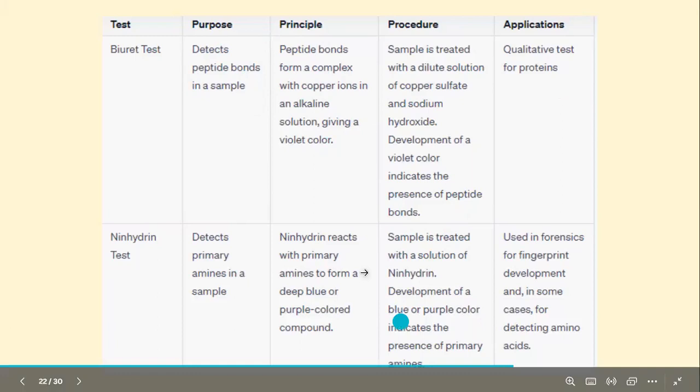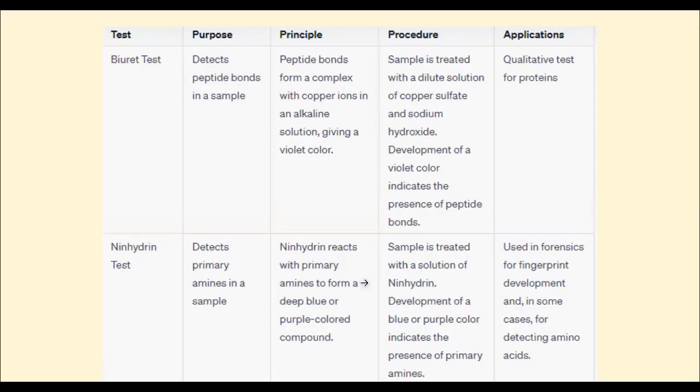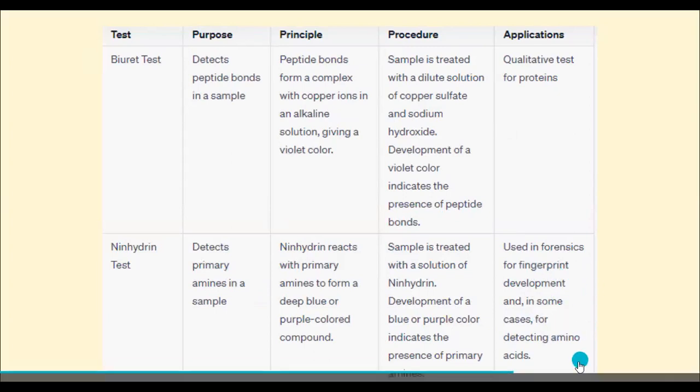Next one is the ninhydrin test. The ninhydrin test detects primary amines in a sample. Here, unlike the biuret test, which is very basic, it is used in forensics for fingerprint development and in some cases for detecting amino acids.